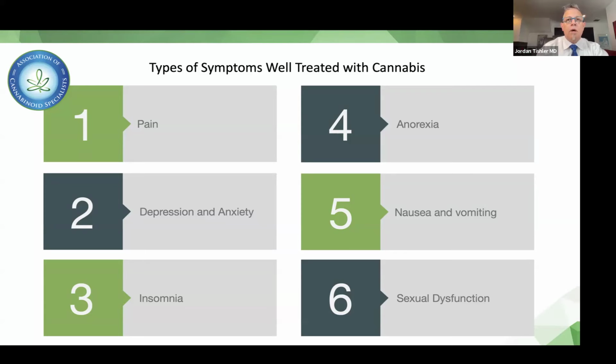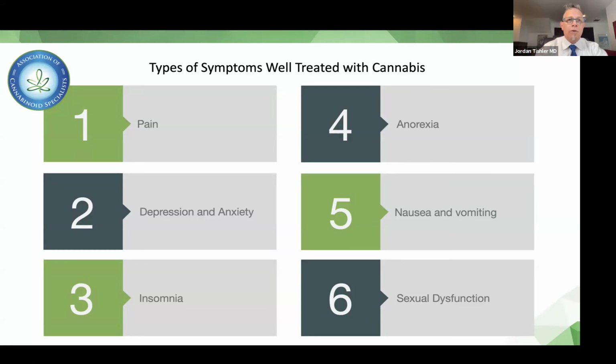So if you ask somebody who has been using cannabis for a while how to treat their anxiety and depression, you'll get a story that's similar to, well, when you wake up in the morning, you smoke up a big bowl of weed, and at any point you feel kind of low or anxious, then you just keep smoking. And we know that that's not a very good approach.